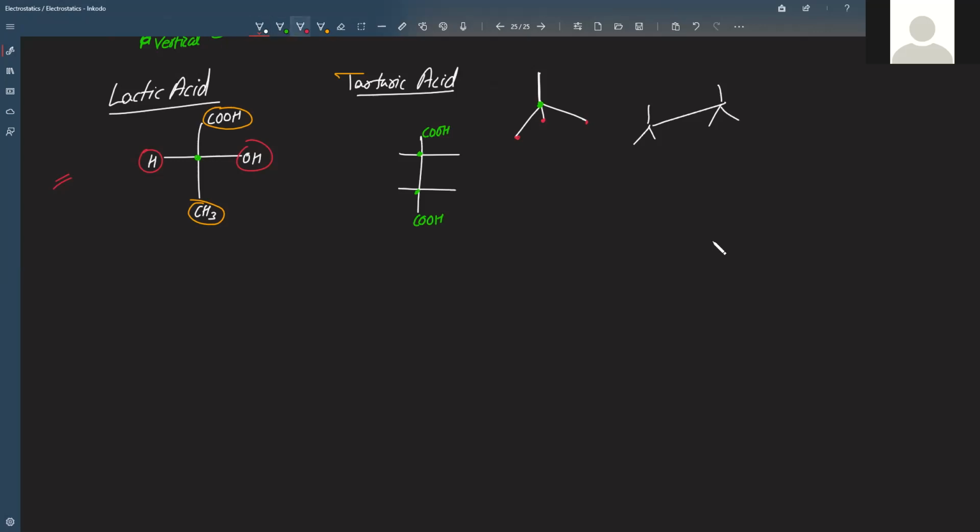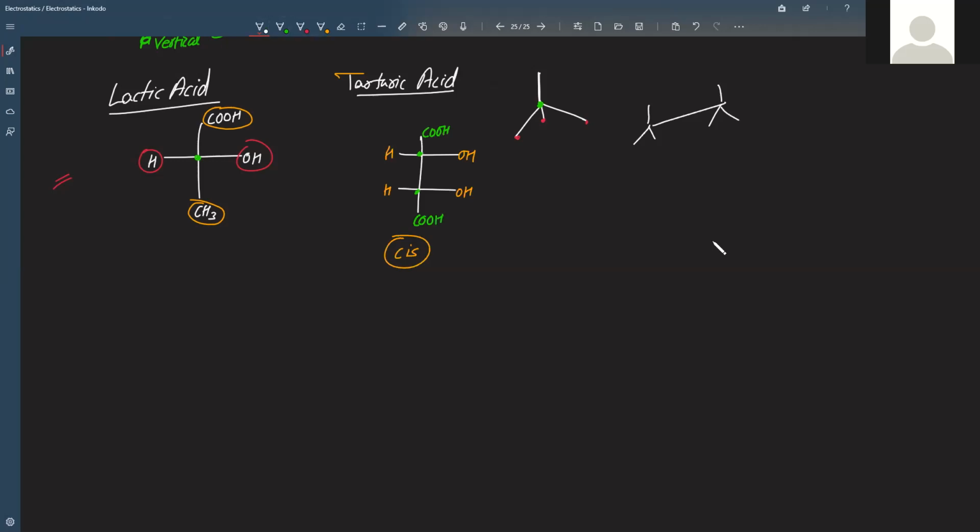We have H and OH. So this H is here, OH is here, or H here and OH here. So they are on the top, right? This is tartaric acid. And if you see this, H and H are on the same side, OH and OH are on the same side. This is called the cis form. And if they change their side, that is called the trans form. So this was your tartaric acid.